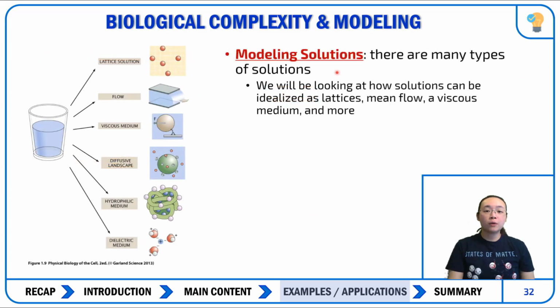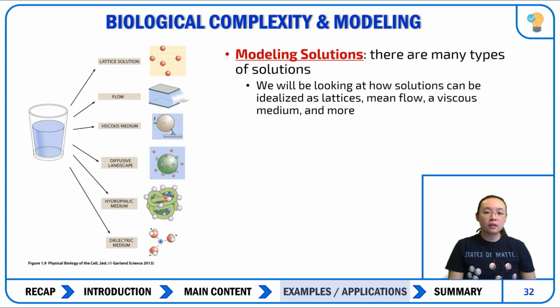Finally, we can also model solutions. It can be represented as a lattice of discrete positions where solutes might exist. You can model it as a fluid with some sort of average flow. You can model it as a viscous medium that exerts drag force on anything that goes through it. You can also have a fluctuating environment, which gives rise to random motion in macromolecules.